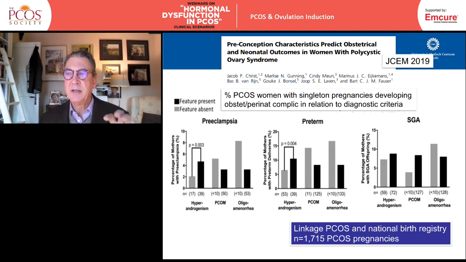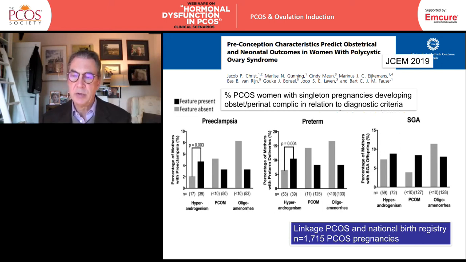So we linked all our PCOS patients that we saw for infertility with a pregnancy registry. And there we could confirm that, and this is a totally different type of information as compared to the previous study, but in the ones with preeclampsia, with preterm birth, you could see that particularly the ones with elevated androgen levels are more often abnormal compared to the normal ones.